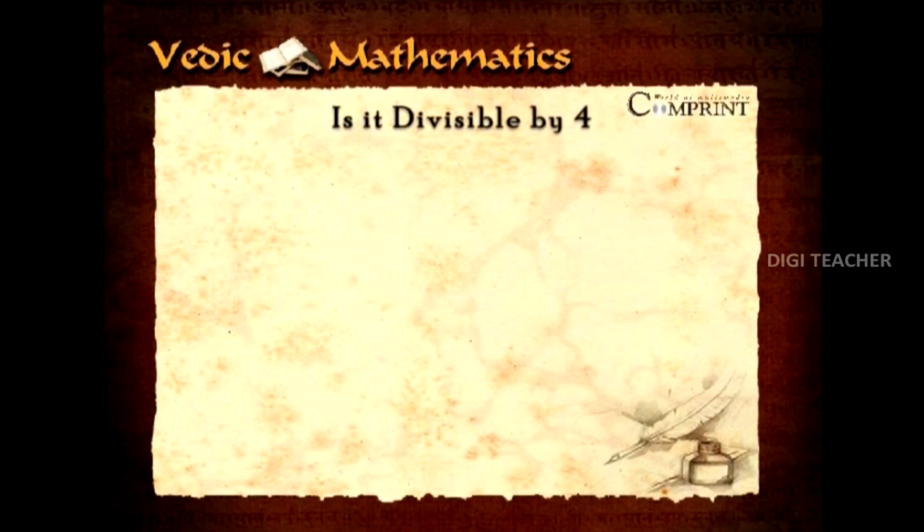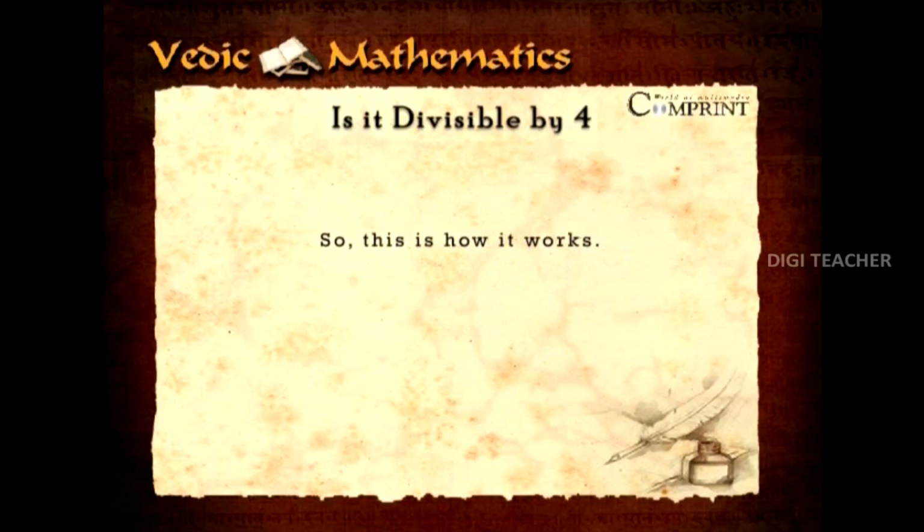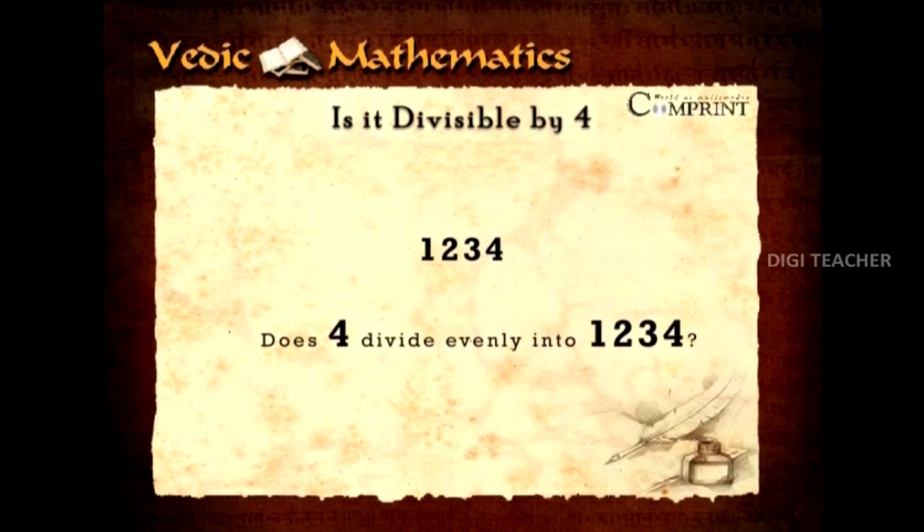Is it divisible by 4? This little math trick will show you whether a number is divisible by 4 or not. So, this is how it works. Let's look at 1234. Does 4 divide evenly into 1234?